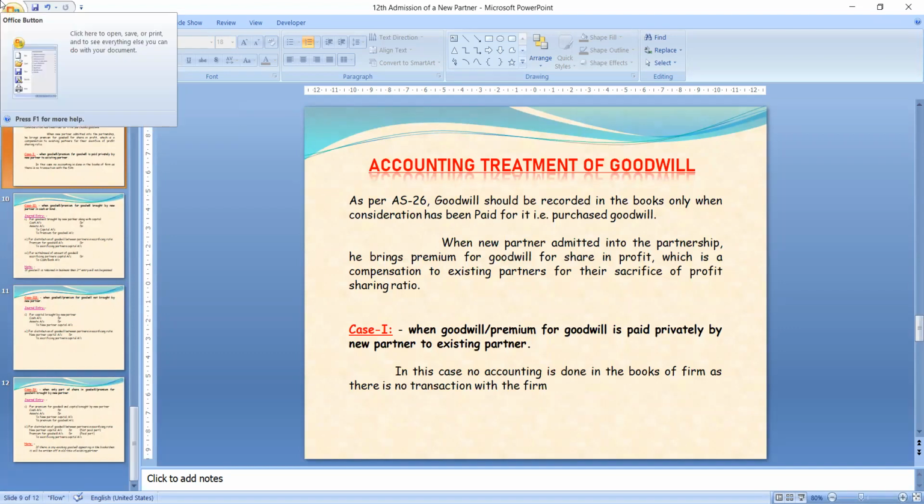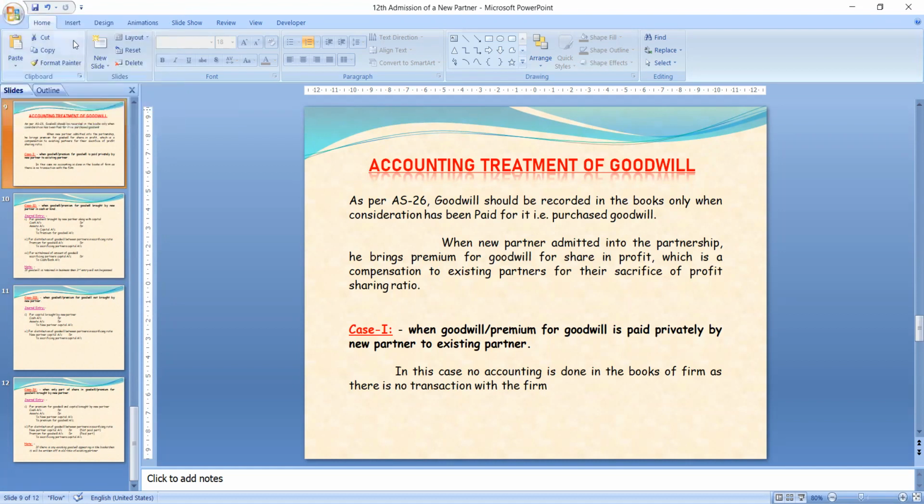Okay. So, what do you understand by this? The first part you have read right now. It's like when a partner is admitted to the firm or the partnership, he has to bring something like goodwill for the share in profit.